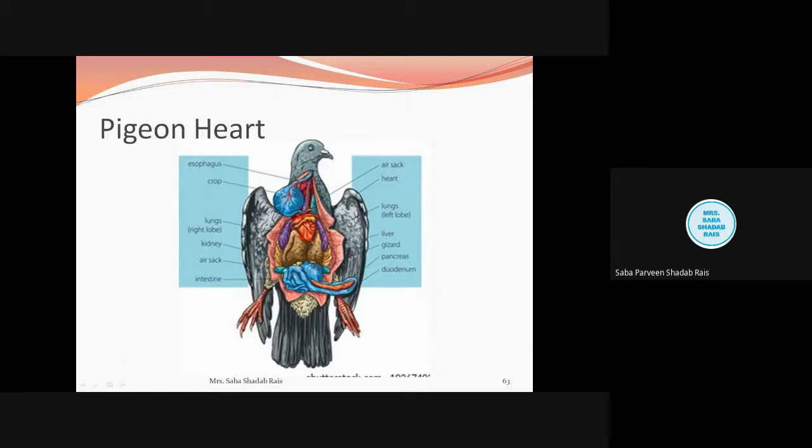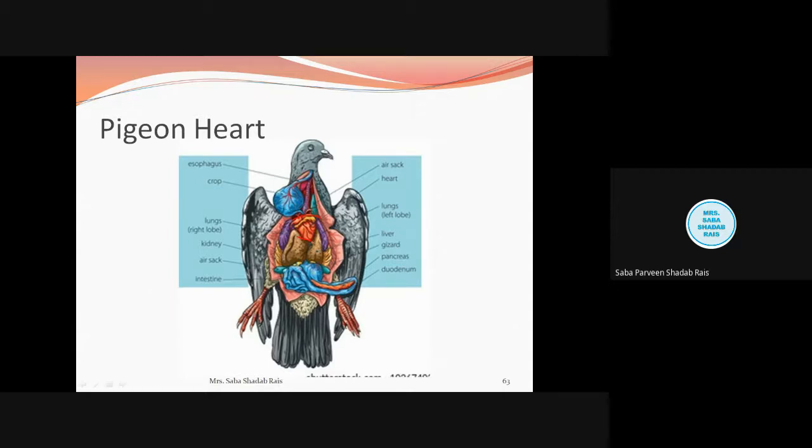Now see why there is a need for such protection, such a covering. Because rhythmic movements are present, and this rhythmic movement brings the beating in the heart. When the heart beats, the contraction and the relaxation are very forceful, and to prevent any type of injury, damage and shock, it needs to be kept in a proper cavity.